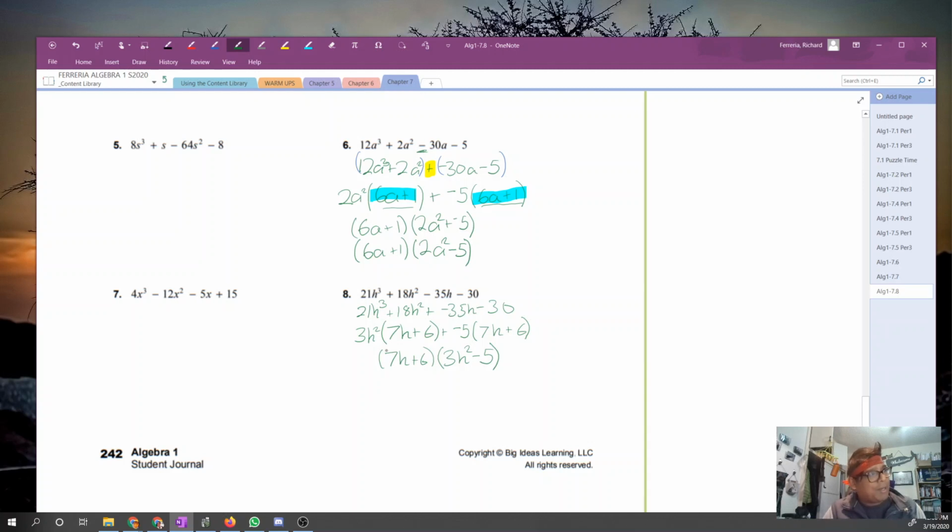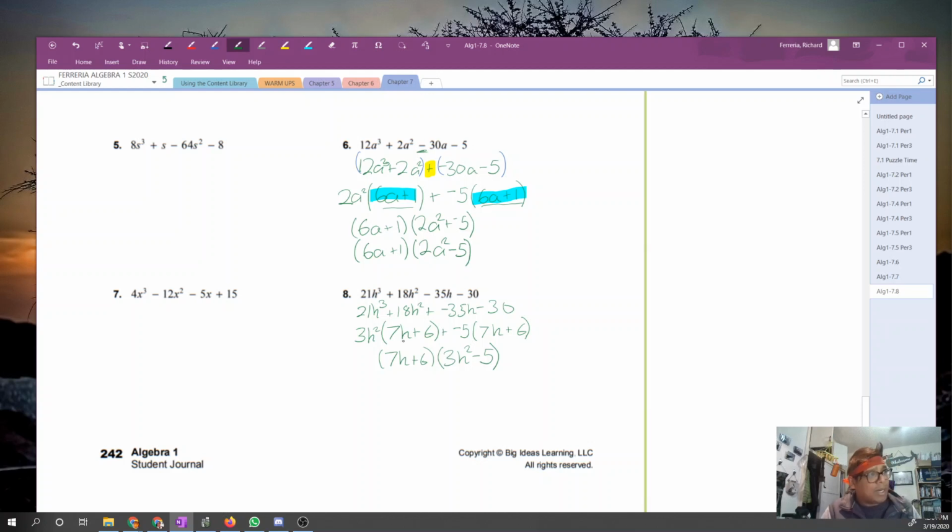You got the 7. Notice that I went and I put that plus sign in between here. Factored out the 3h squared because both 21 and 18 are divisible by 3. Next, we went ahead and we have an h squared as the smallest factor in these first two terms.